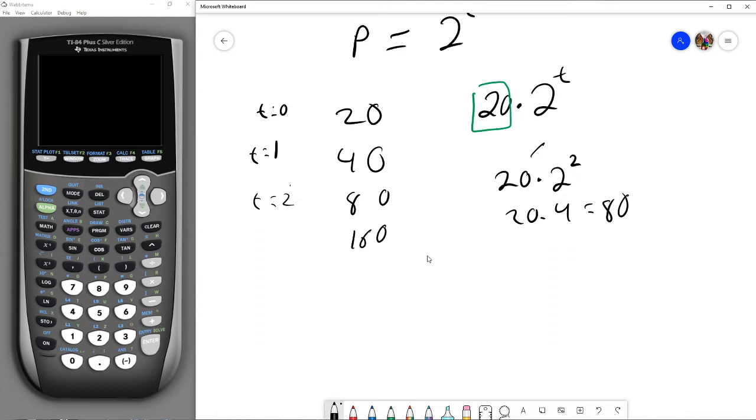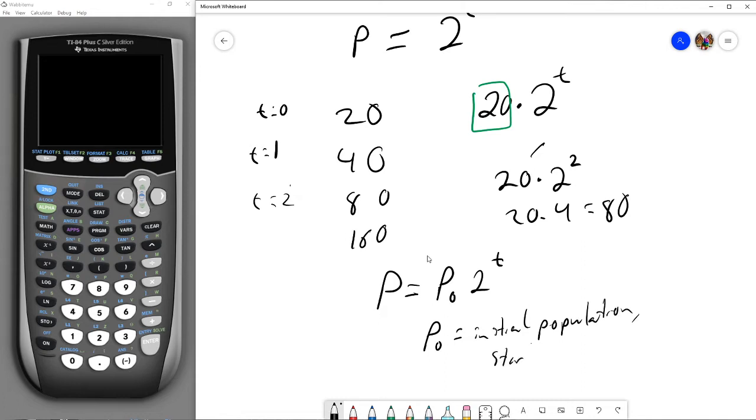So we're going to revise our formula. So our population will equal, let's say, p naught 2 to the t, where p naught is our initial population. That is our starting population, or you can think of it as your beginning population.